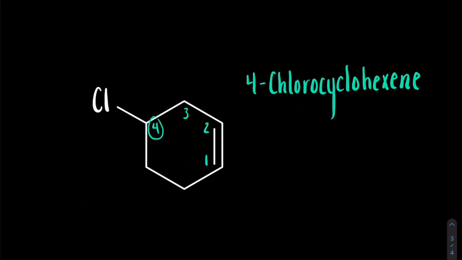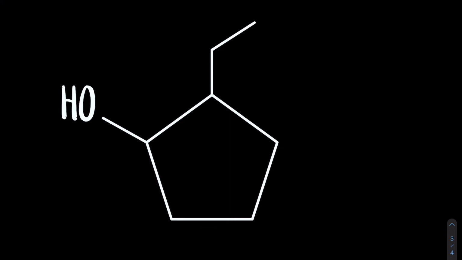Okay, so with this next example, as I was talking about previously, there are higher order substituents that come first. There are no double bonds in this one. There are no triple bonds. But there's an alcohol. So when we number this one, the alcohol gets priority.